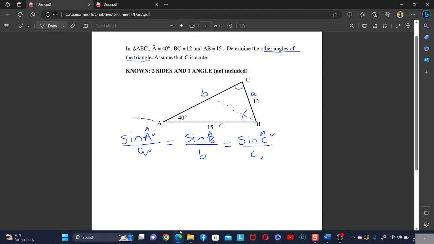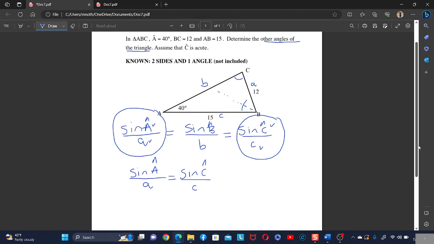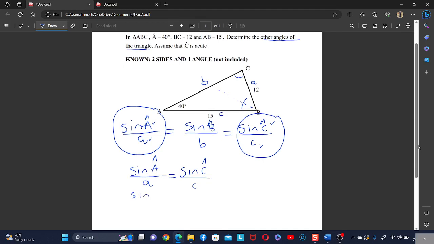So it means that we can work with these two, because in these two we only have one unknown, which is sine angle C. So we have sine angle A all over side A is equal to sine angle C all over C. Angle A is 40 degrees, side A is 12, and we are looking for sine angle C all over side C, which is 15.